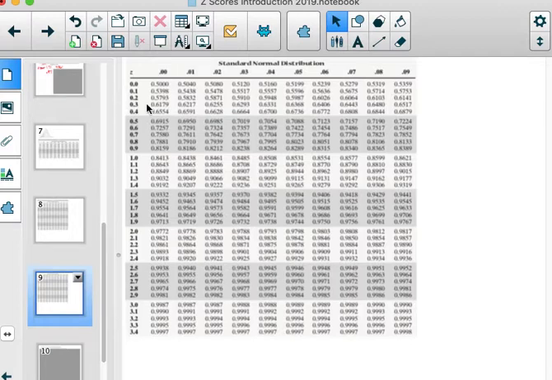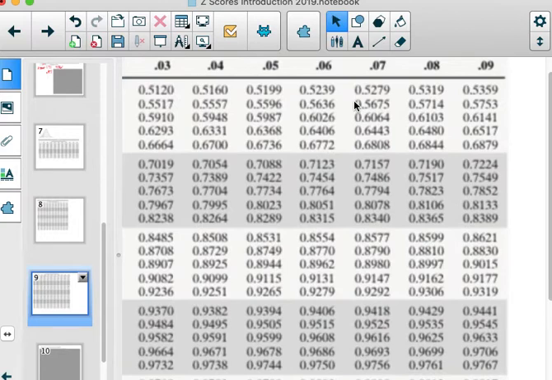So we're going to be in the top column, right? 0.3 is here, and then go all the way across to 0.37. And this is the area from the z-score all the way back. So that percentage would be what? 64.43.